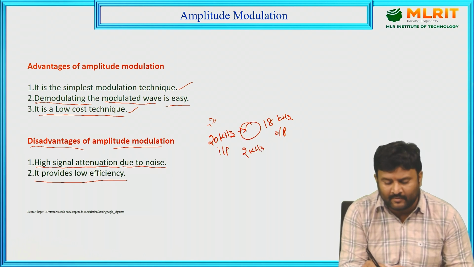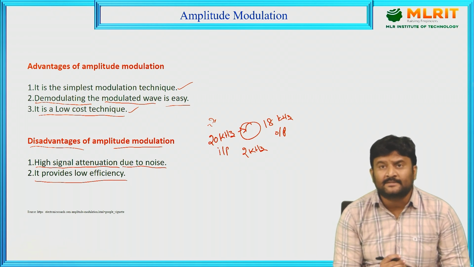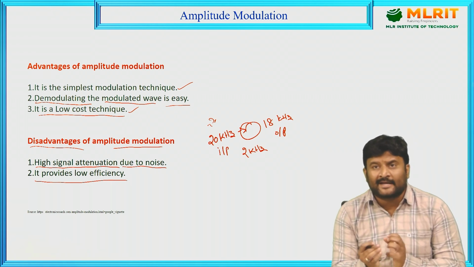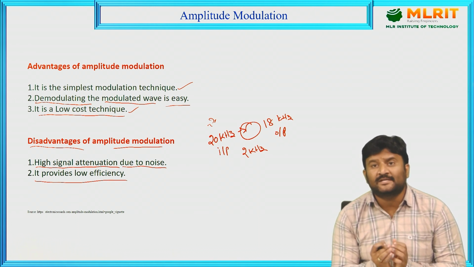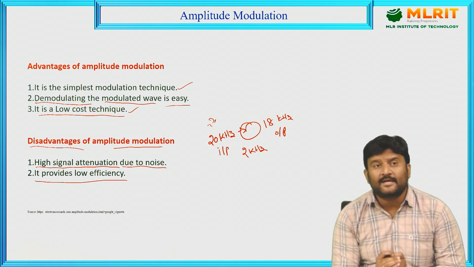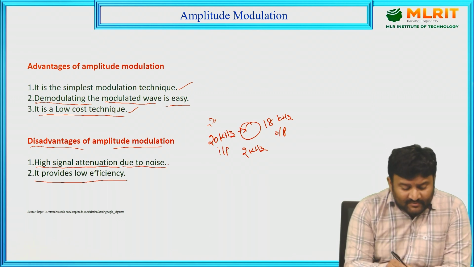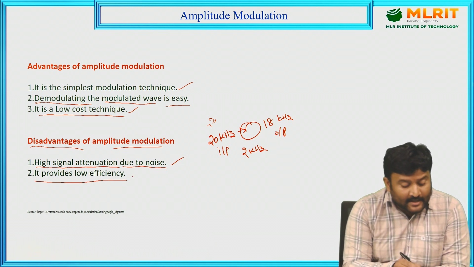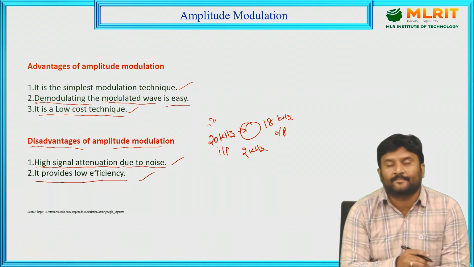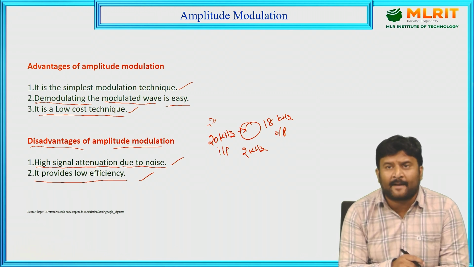That means 2 kHz signal is lost, so some information we are not getting exactly. Automatically the efficiency should be less. That is one more drawback in the case of amplitude modulation. So what are the disadvantages? The first one is high signal attenuation due to noise, and the second one is low efficiency. These are the disadvantages of amplitude modulation.